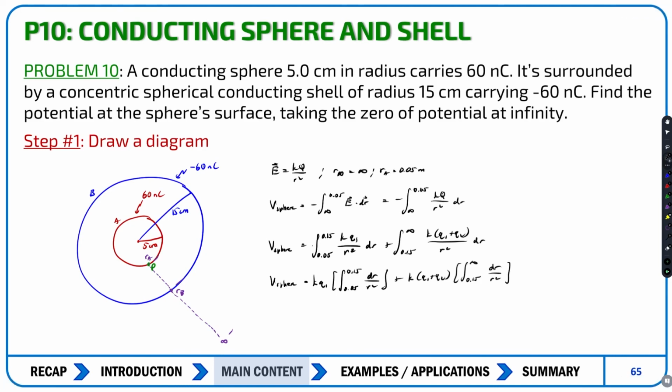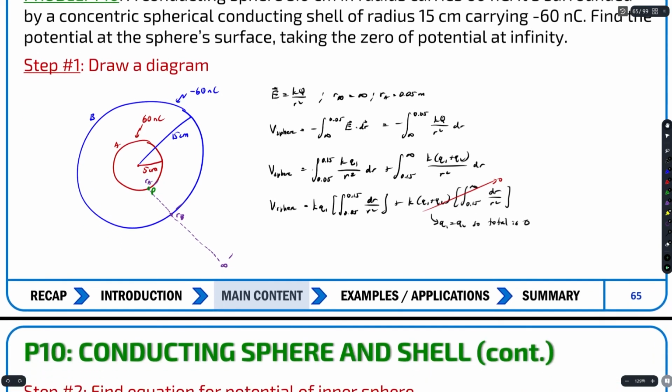Now we do have to take a look and solve for the potential. We know that over here, q1 is equal to q2 in magnitude, so the total is 0. That means this whole second term can just be 0. The only thing left is the first component, which we're going to solve for on the next page.